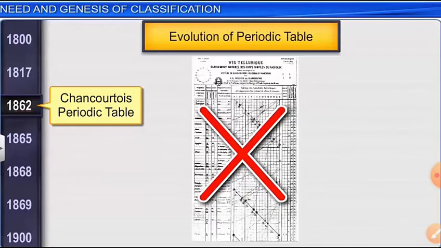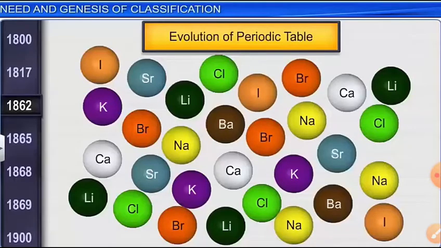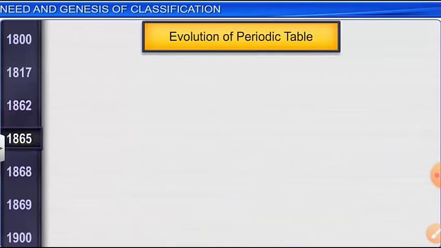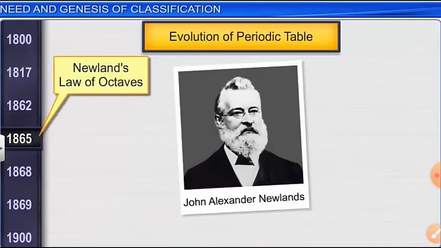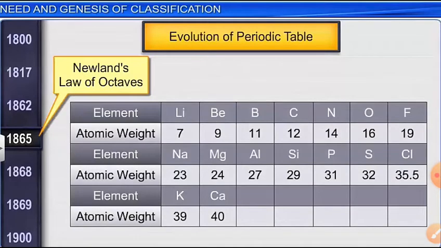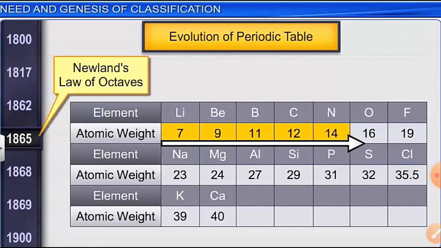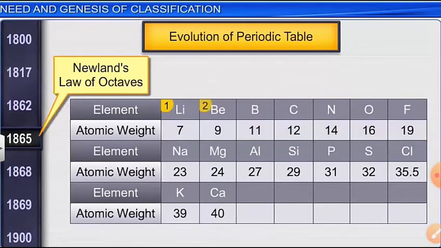Then came Newlands' law of octaves. The next classification of elements was attempted by John Newlands in 1865. John Alexander Newlands gave Newlands' law of octaves. Octave means something related to musical notes. This was the first attempt to arrange the elements in increasing atomic mass, and he said that when we arrange the elements in increasing atomic mass, the first and the eighth element will have similar physical and chemical properties.